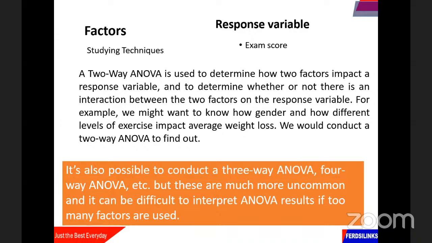Just to put in perspective, let's assume that we are trying to evaluate the effect of water or sunshine and soil fertility on the growth of plants. That is a scenario that warrants what? A two-way ANOVA. We can examine the effect of water alone, right?